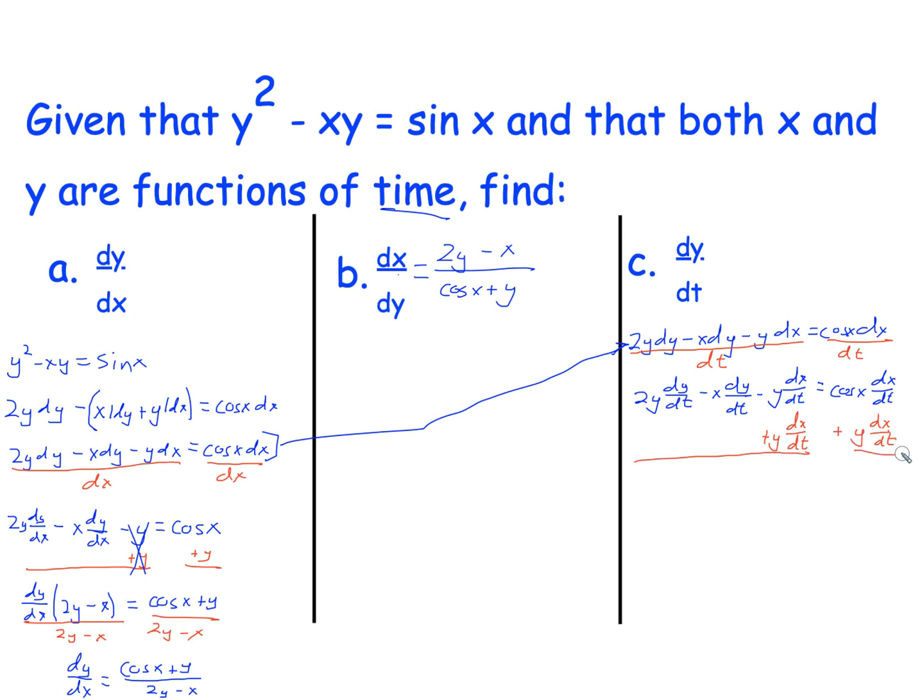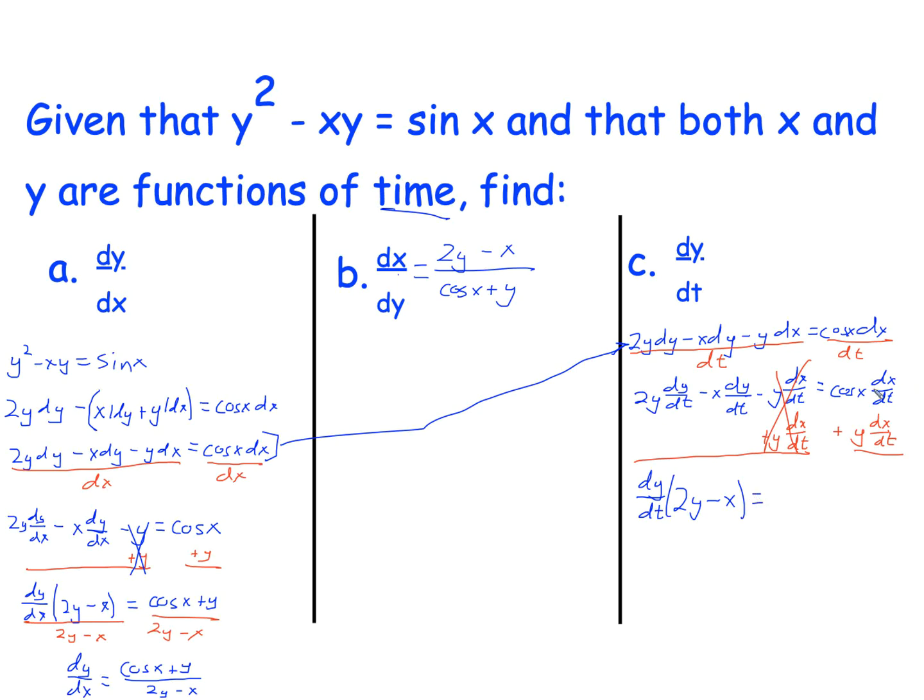And in this case, this becomes 0. Over here, we have a dy/dt in common, so we'll go ahead and factor out the dy/dt. This is going to be 2y minus x.